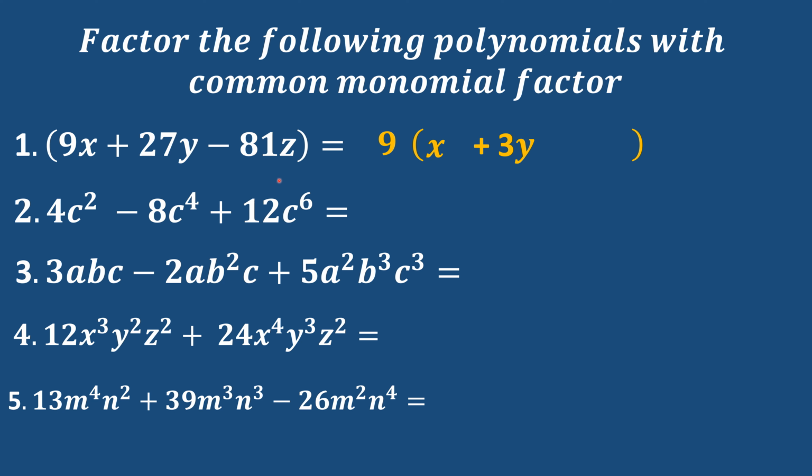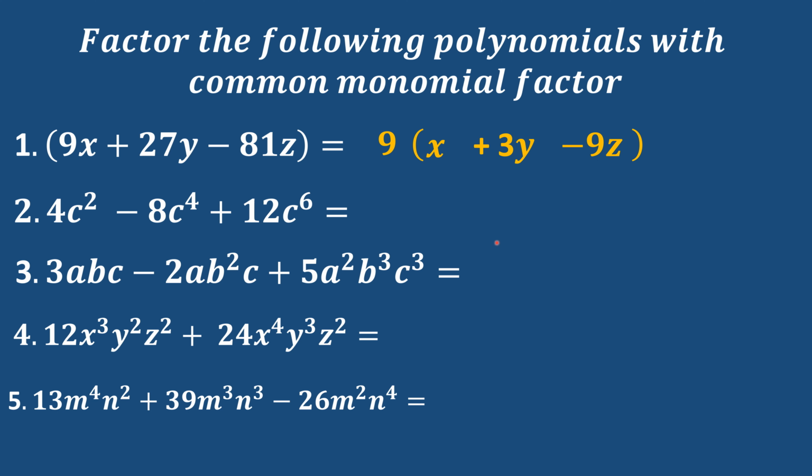Then let's proceed. 81z divided by 9, of course, will give us negative 9z, because negative 9z times 9 will give us negative 81z. I hope you were able to get the correct factors. So the factors of 9x plus 27y minus 81z is equal to 9 times the quantity x plus 3y minus 9z.